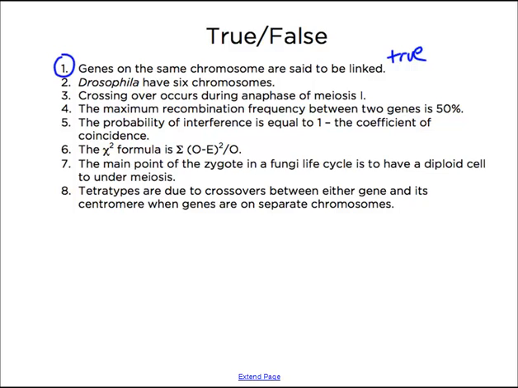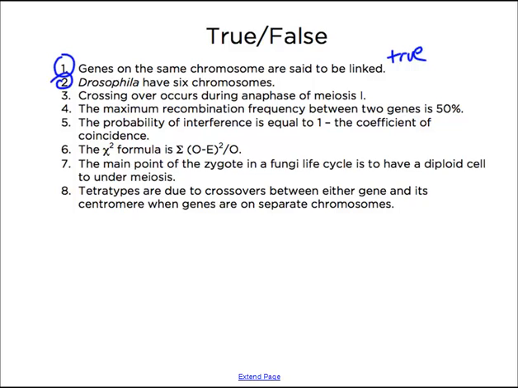A chromosome is a linkage group. Just remember that if genes happen to be far apart on the same chromosome, they may appear unlinked. That is, they will act similarly to genes that are in fact on different chromosomes, but definitely true.